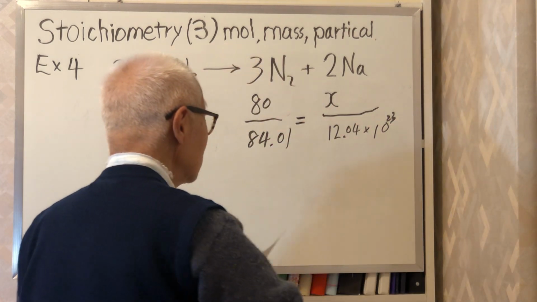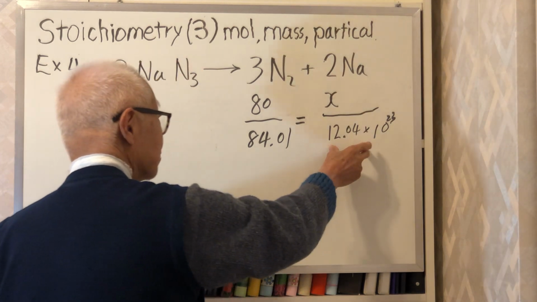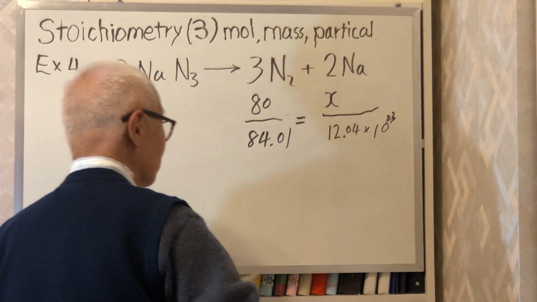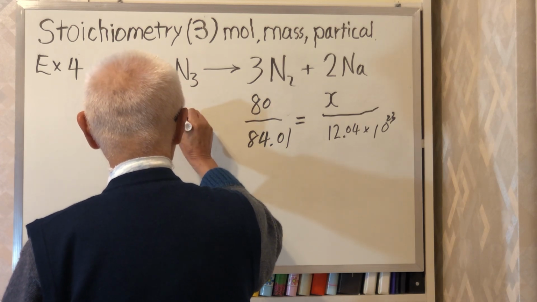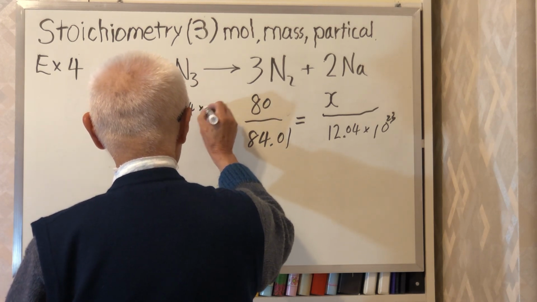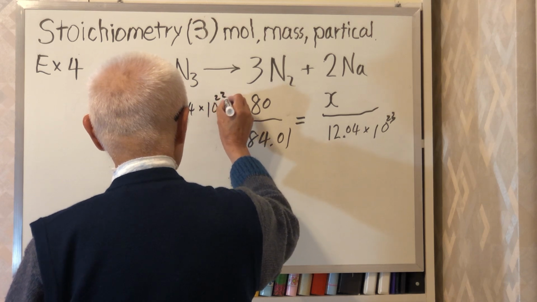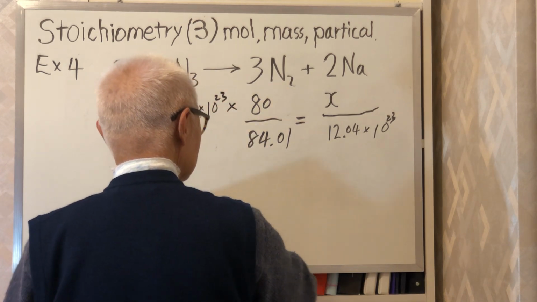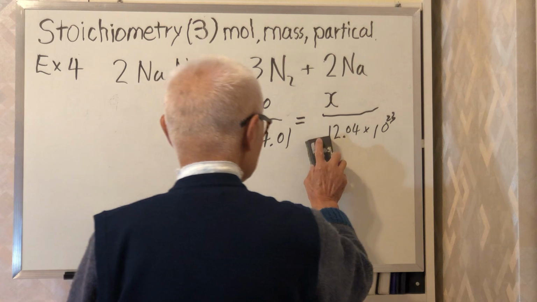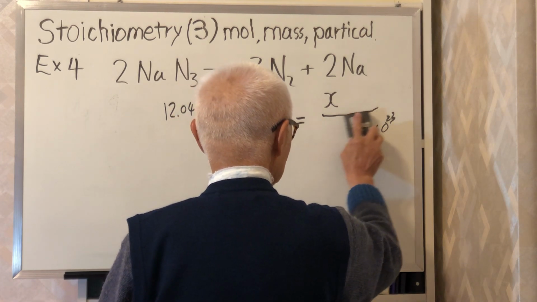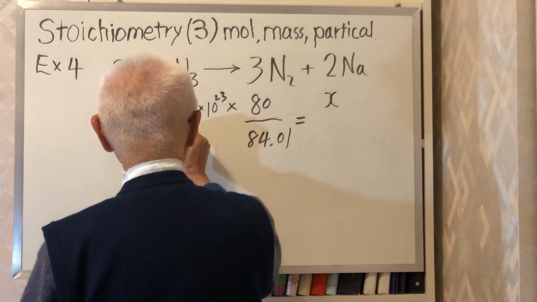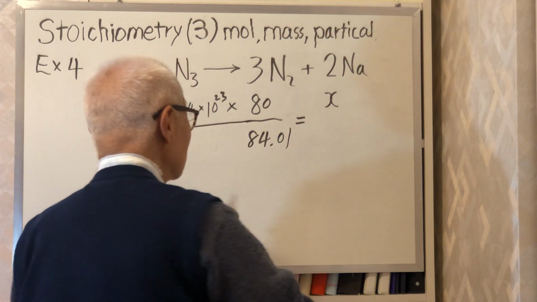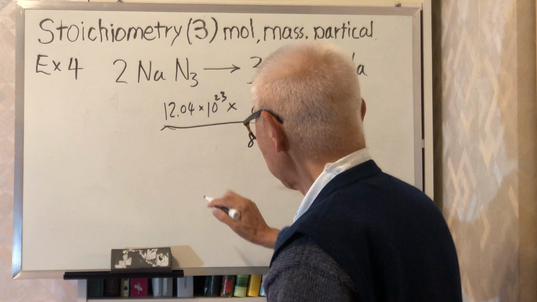Cross multiply means I move this denominator to the numerator on the other side. So this is my x.